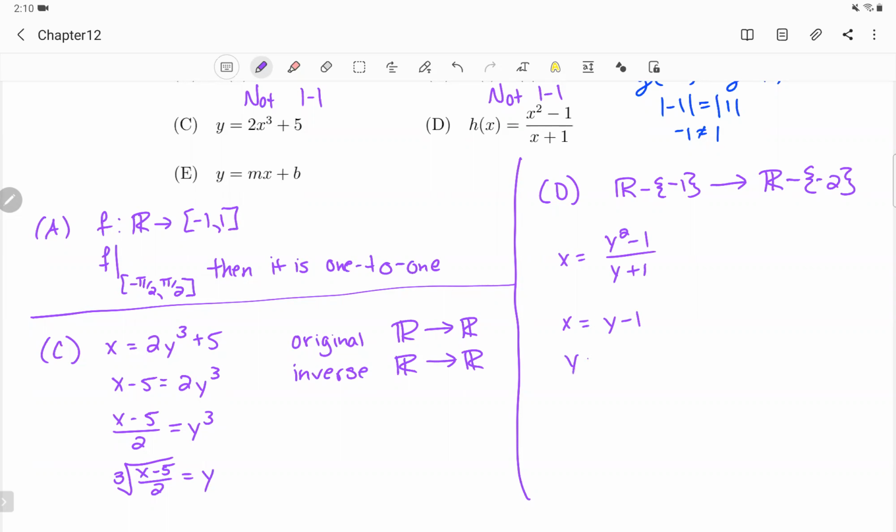So y equals x plus 1. Unless I did something funny, that's what I'm getting. Check my algebra. All right. So that's my inverse function, but in its domain, technically I'm not allowed to plug in -2.